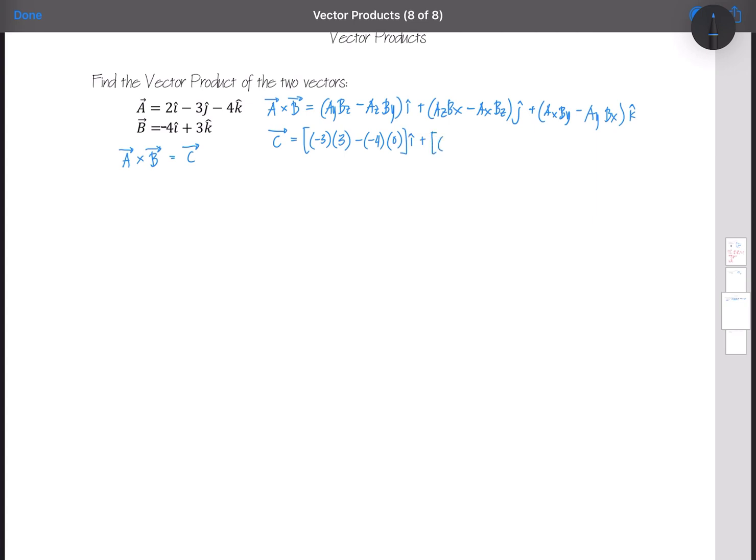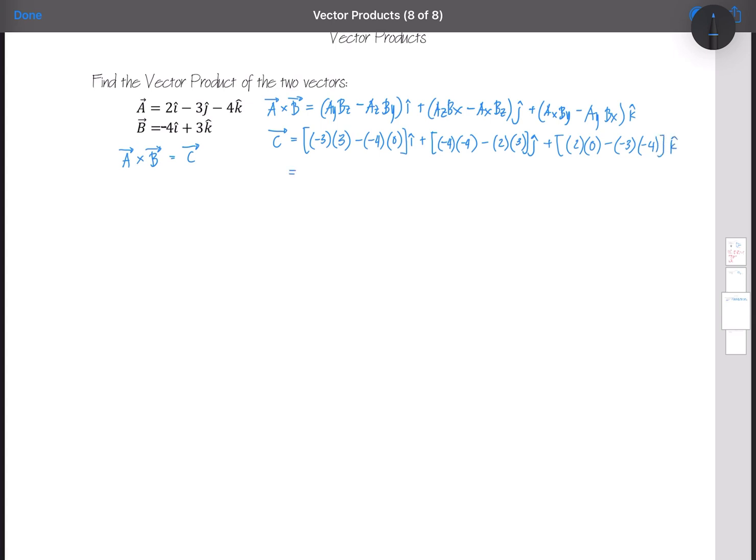Plus AZ, that is negative 4, times BX, that is negative 4 also, minus AX, that is 2, times BZ, that is 3, this is j hat. Plus AX, that is 2, times BY, that is 0, minus AY, negative 3, times BX, that is negative 4. This is k hat.